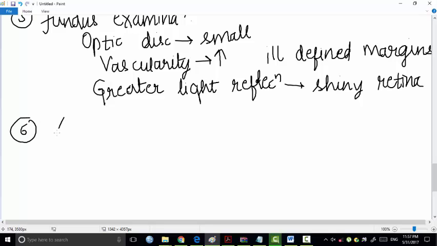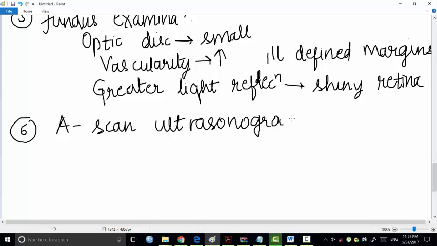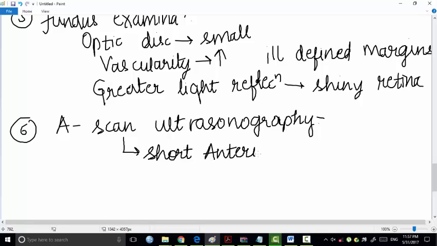Next, the sixth one is A-scan ultrasonography. What is A-scan ultrasonography? This is a type of ultrasonography which we do in ophthalmology, where in hypermetropia we see a short anteroposterior axis.